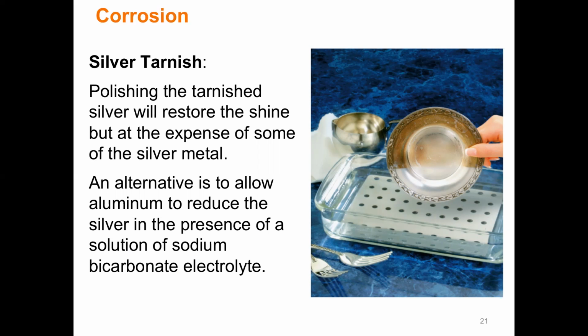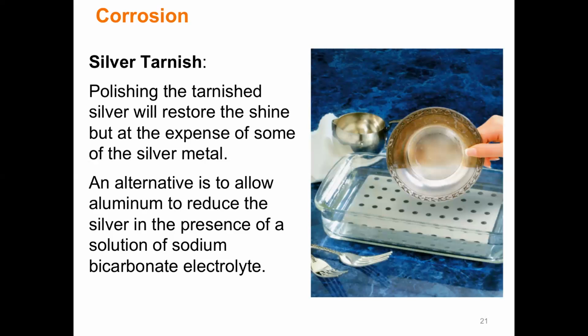So I put the reactions in my notes. What it's going to do is take the silver sulfide and react with the aluminum solid, and then the aluminum is going to take the sulfur. And aluminum, while it does cost something, is not as expensive as silver.